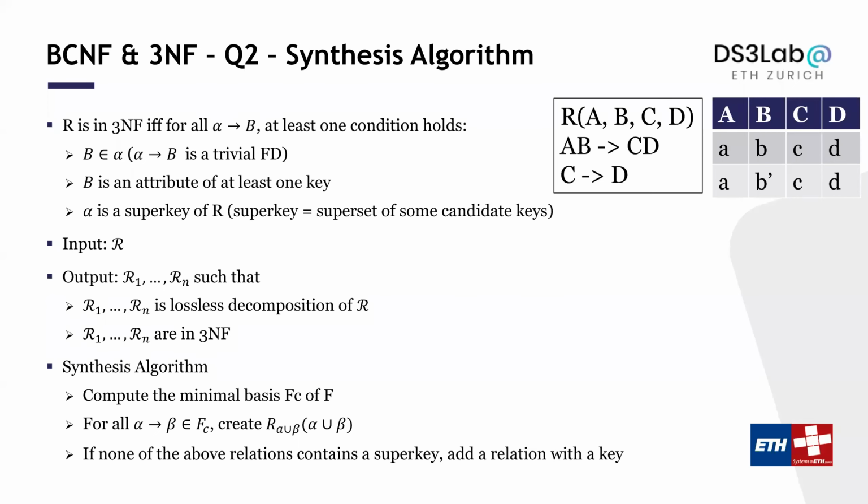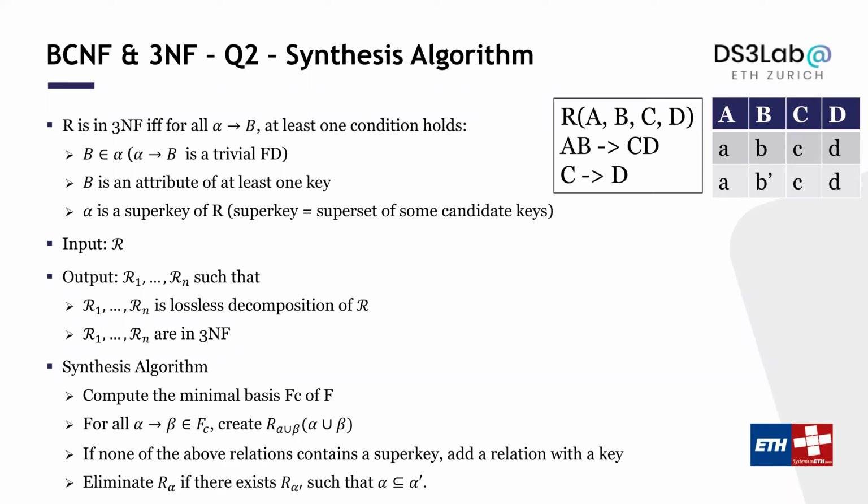If none of the above relations contains a super key, you add a relation with a key. For example, if you have k functional dependencies in your minimal basis, you have either k relations at the end, or k plus one relations, depending on whether the k relations contain a super key or not.